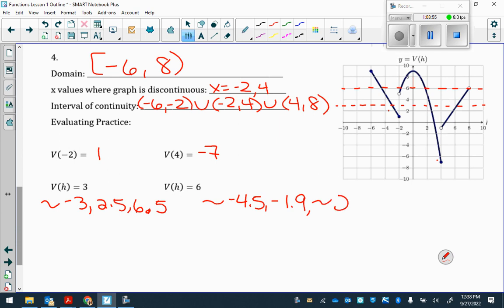Okay, so my main thing from today, understand the difference between the two. Probably this last one. Do we understand the difference between domain and interval of continuity? Yeah. Right, because it's an open circle. Yep, good. All right, you guys.